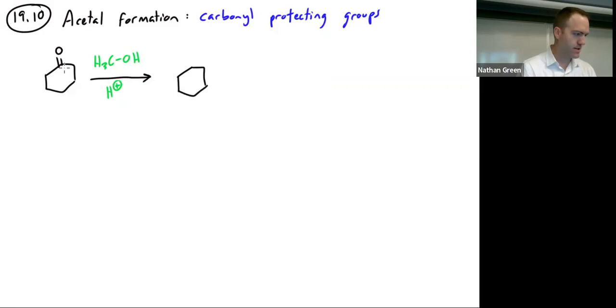So wherever my carbonyl is, I'm going to have two ethers hanging off of this. This is called an acetal. This reaction is reversible.